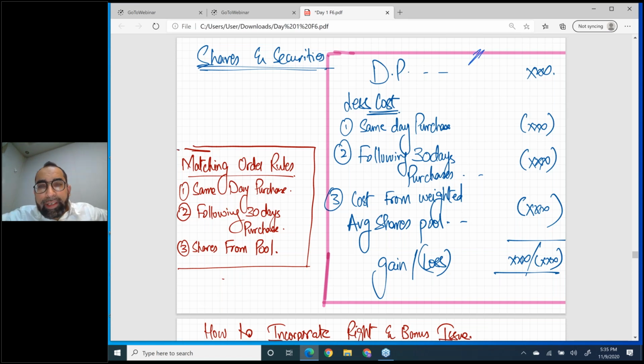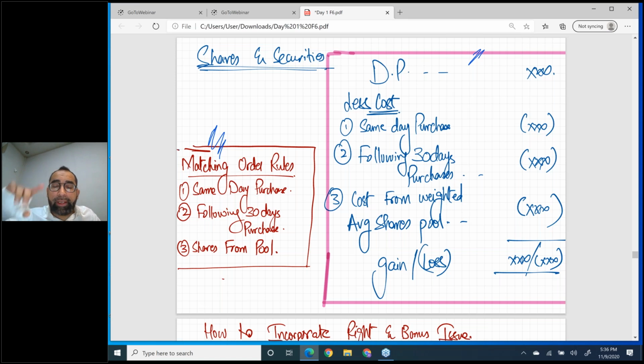First of all, you'll write DP, and with the disposal proceeds you have to match the cost. So how to match the cost for shares? This is the matching order rule. Always follow these matching order rules.